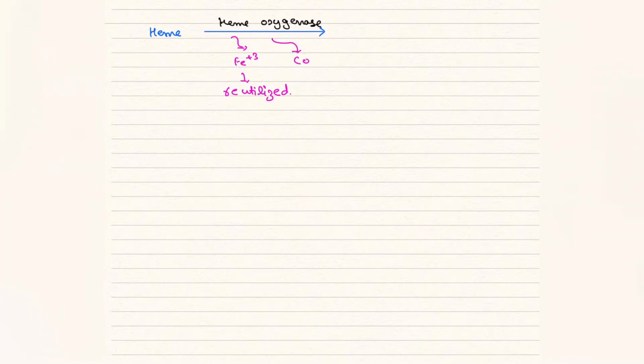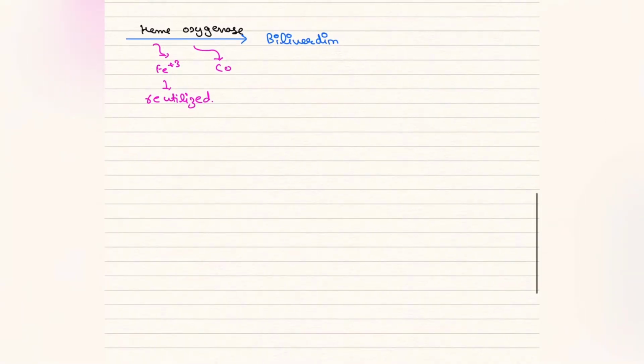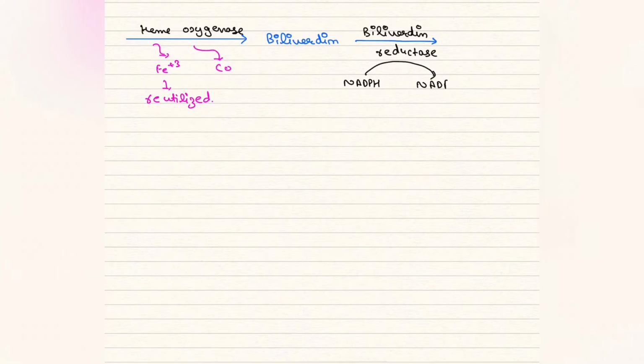So heme oxygenase will act and form biliverdin. Now on biliverdin, biliverdin reductase is going to act, and NADPH will be used, NADP will be formed, and bilirubin will be formed.